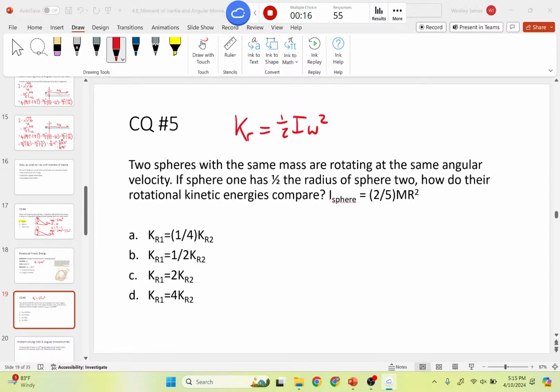But be very, very careful, y'all. These answers say, how does the kinetic energy of the first one equal what of the second? Is it bigger than the second, or is it smaller than the second? Your reference is not the first one, it's the second one.